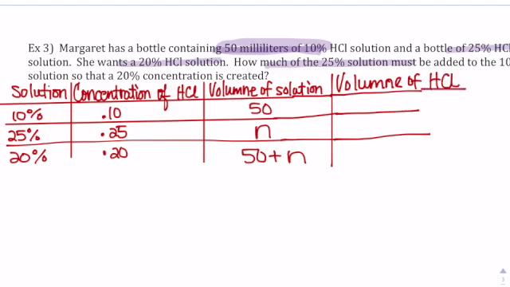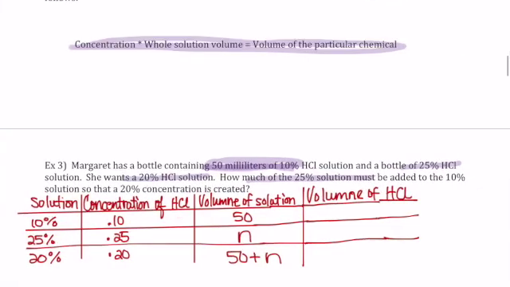Now, from what we learned before, you multiply them. If you look at it closely, concentration times the whole solution volume in the second column equals the volume of the particular chemical.